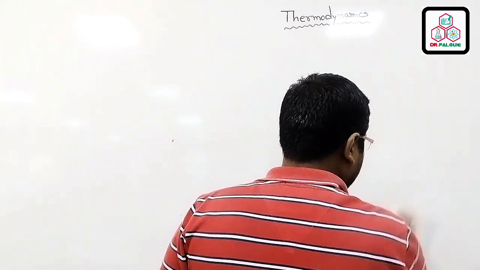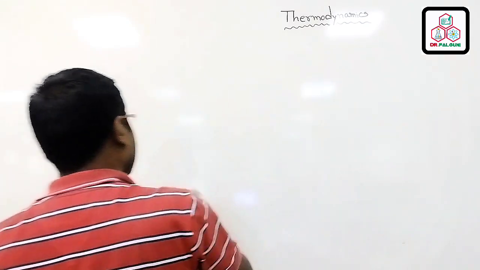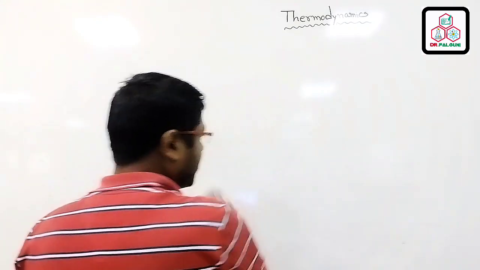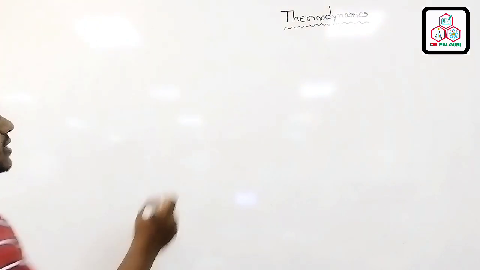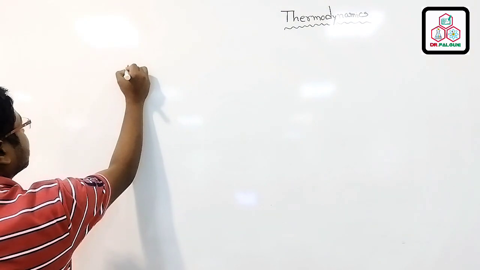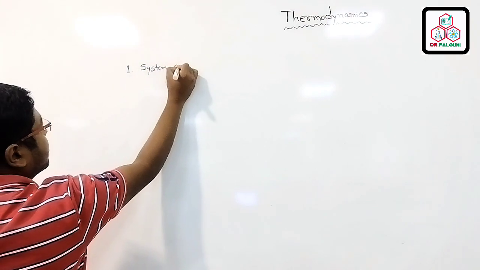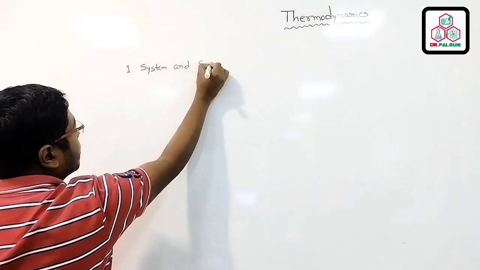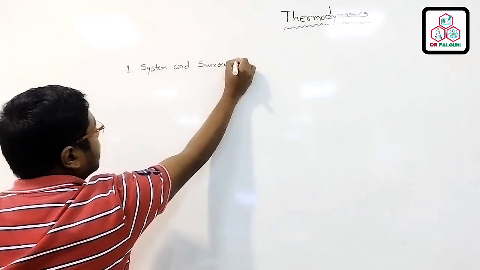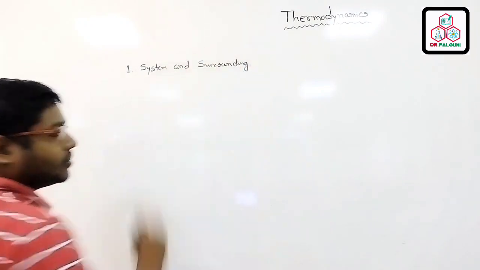Before going to the main course of thermodynamics, you have to know what is system, what is surrounding, what is universe. So the first terminology is system and surrounding.